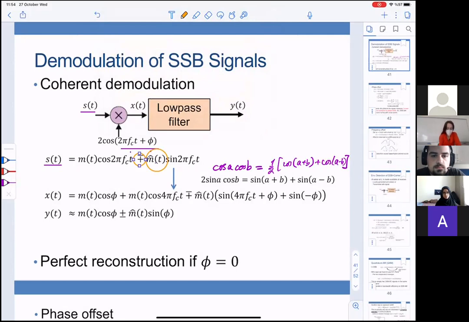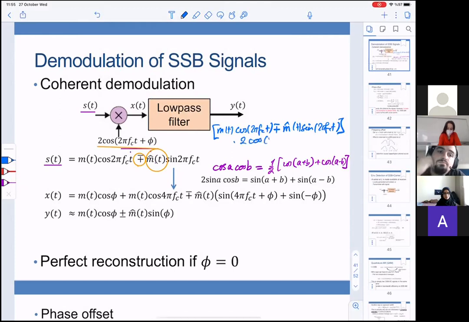Now, we're multiplying with cosine, right? Let's carry out the multiplication. Maybe we can all try to do it together. m of t cosine 2 pi fct, minus, let's pick the minus, or we can keep the plus alongside the minus, m hat of t sine 2 pi fct, multiplied by twice cosine of 2 pi fct plus phi.